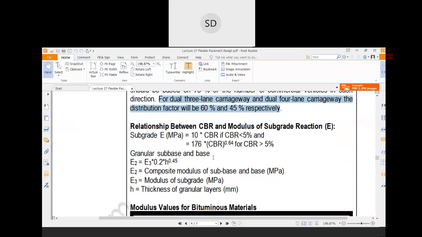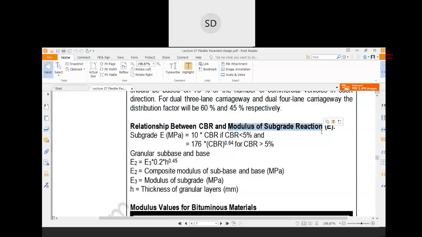Now another thing: for the design of the road section, IRC, that is Indian Roads Congress, uses a standard method, the CBR method. Previously that was only the CBR method. Now the CBR method is transferred to modulus of subgrade reaction.